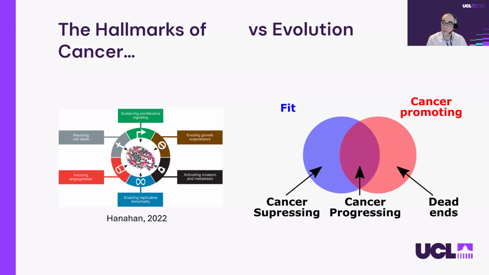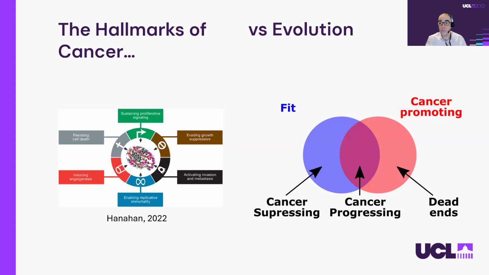However, if all the mutations are is fit, if they don't have other tumorigenic properties, those fit cells will compete in the tissue and compete with other cells that may even bear cancer-promoting mutations to replace them and protect the body. So actually, some cells that are fit may not be promoting cancer, and they may actually be cancer suppressing.